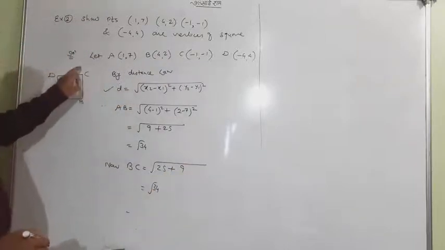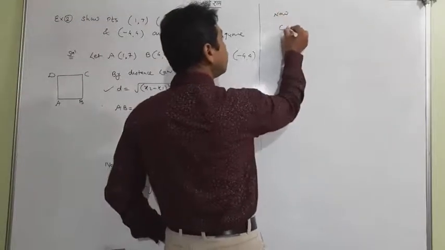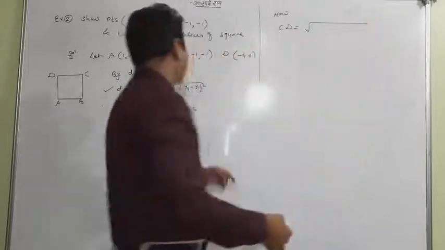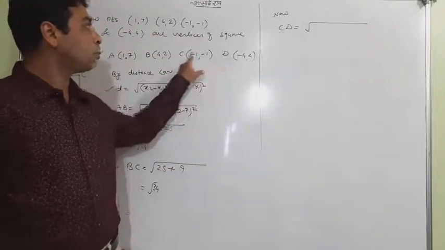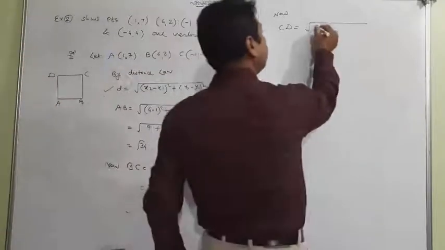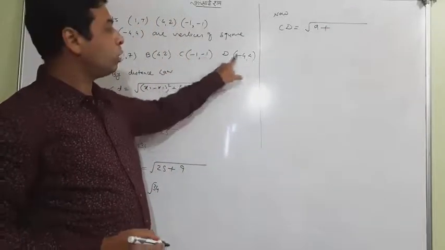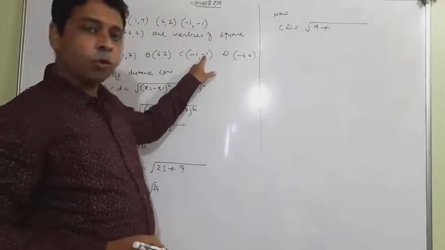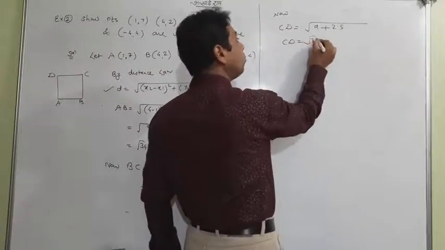Now we have found BC, it's time for CD. Take the 2 points C and D. x2 minus x1, -4 plus 1, so it is -3, square 9, and y2 minus y1, 4 plus 1 is 5, square 25. So overall answer is 34.